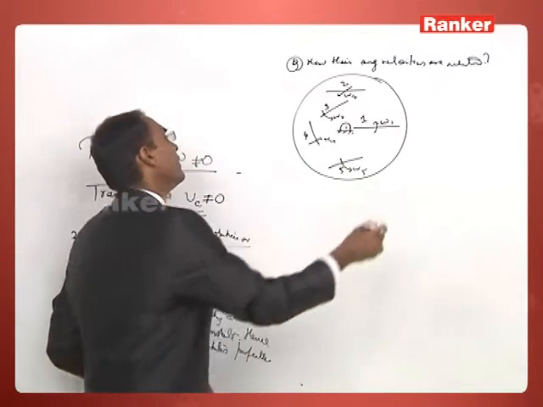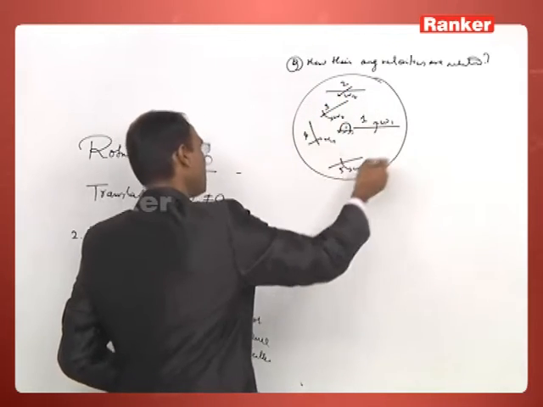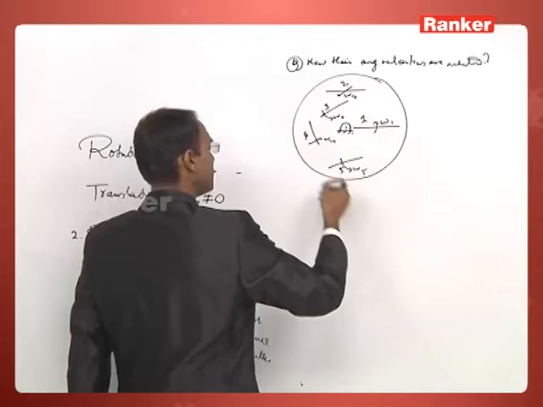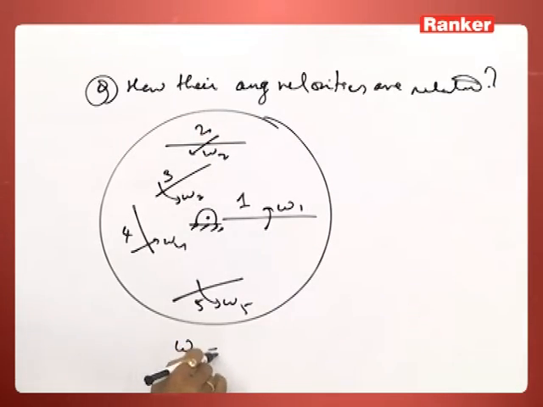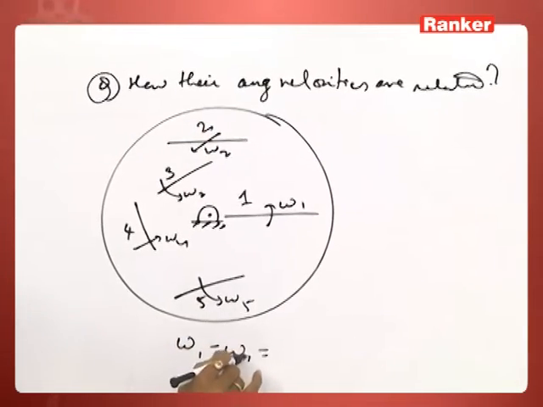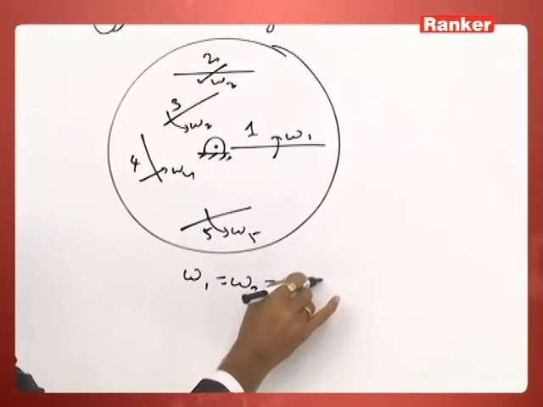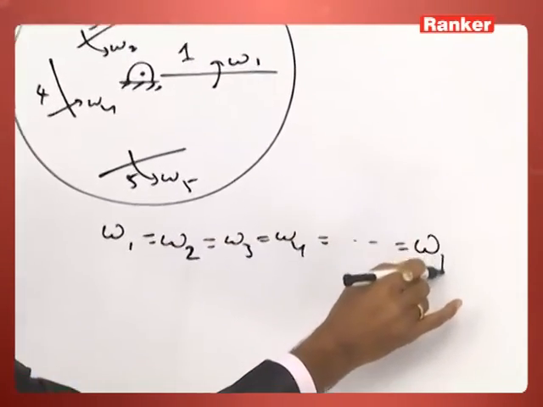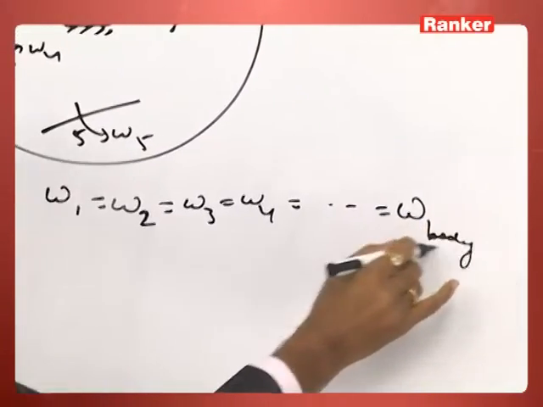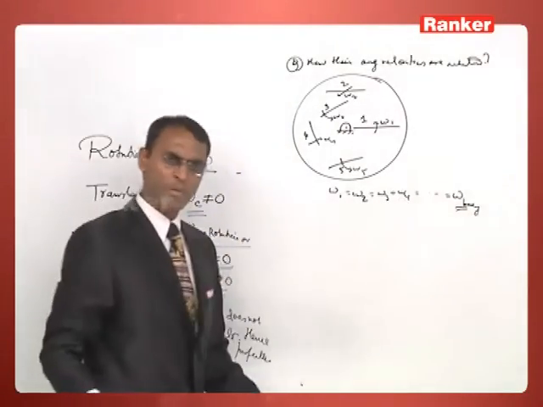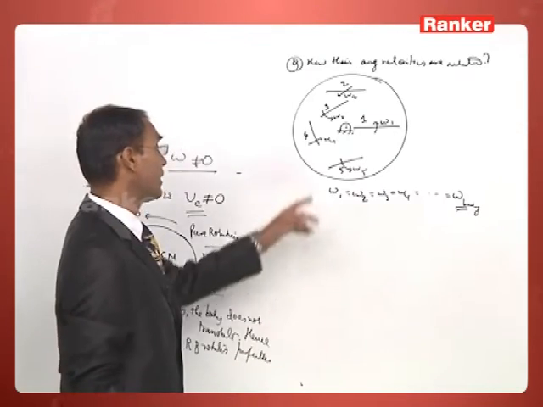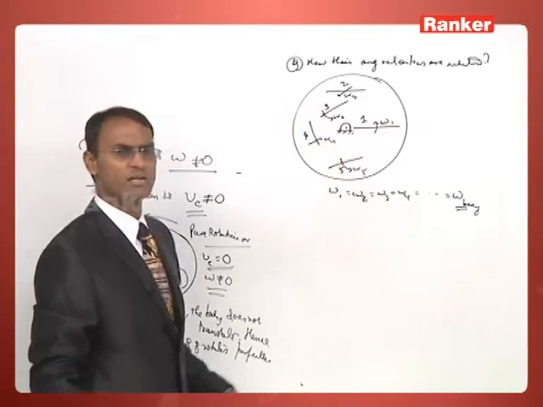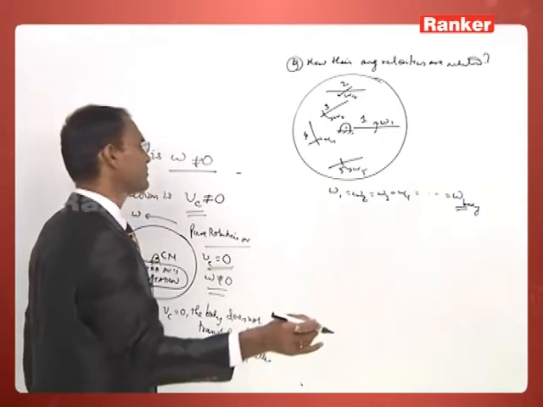Therefore, the angular velocities of all the straight lines must be equal to each other. Omega 1 will be equal to omega 2, equal to omega 3, equal to omega 4, and so on. And that is defined as the angular velocity of the rigid body. That's the property of the body. It doesn't depend upon any straight line outside or inside. It doesn't depend upon any reference point or reference axis, as I discussed previously.